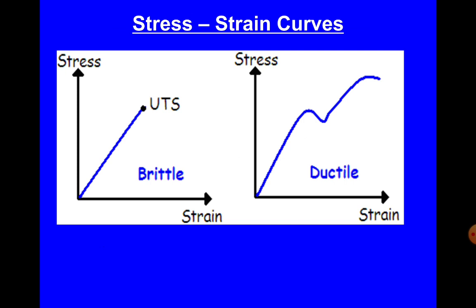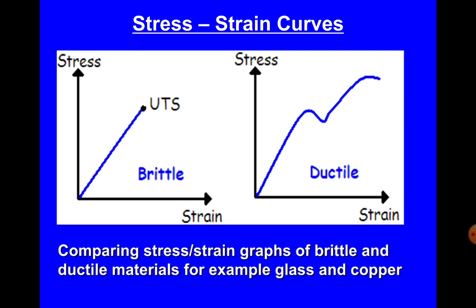When we look at the right figure, this material is ductile, and you'll see that it is going to deform the way a plastic material changes when stress is applied over a certain area. So in this case we compare the stress-strain graphs of brittle and ductile material, for example glass and copper.